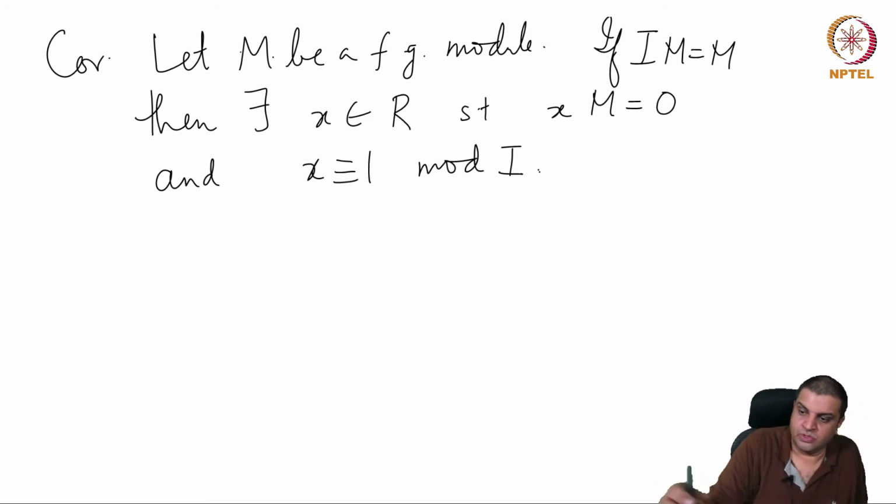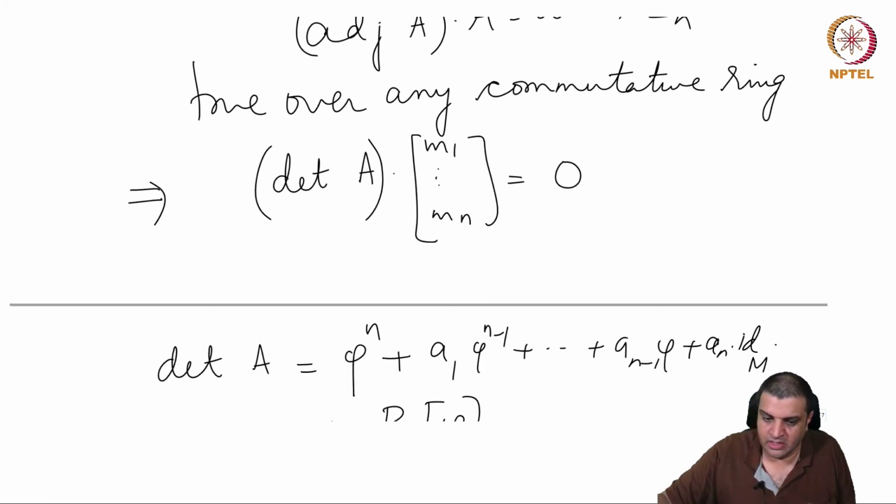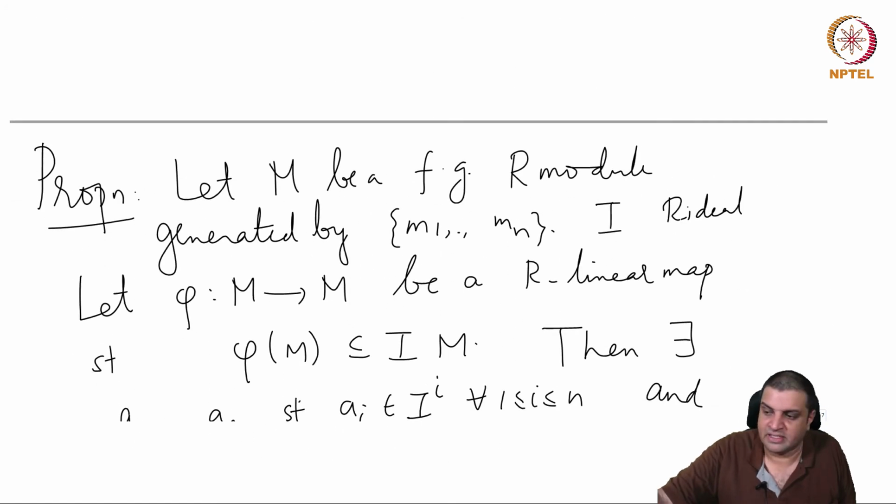Proof. So we need to understand this condition M equals phi M in terms of the determinant trick. This proposition is called the determinant trick. We need to understand M equals IM in this context. Well, the map that we'll have to consider is the identity, so phi equals identity.